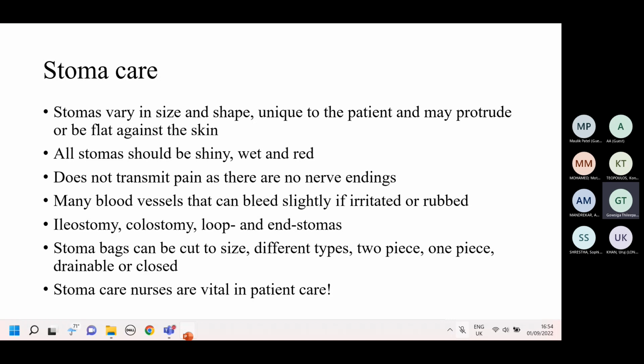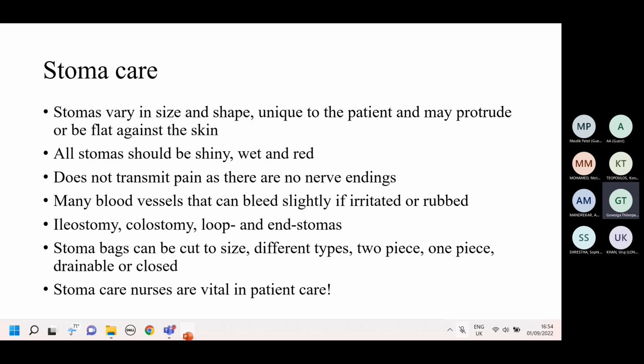Okay, stoma care. I'm not going to go deep because we are not normally managing it. It's special care by a stoma nurse. I just want to mention one or two words. It varies in size and shape. If the patient is coming with a stoma, whether it's an ileostomy or a colostomy, just make sure that you check it at least. A stoma should be very shiny, wet, and red.